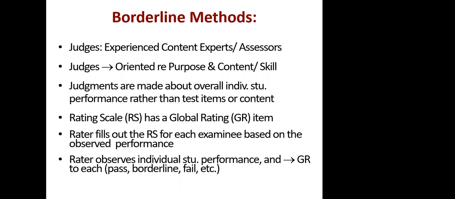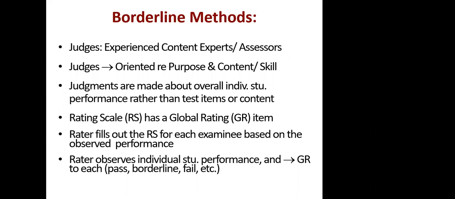Now their job is not only to score the students, but also to do a global holistic rating of the student. So in addition to scoring the students, they will make their own expert holistic judgment of whether this student, according to them, is a failing student, a borderline student, or a clear pass student.